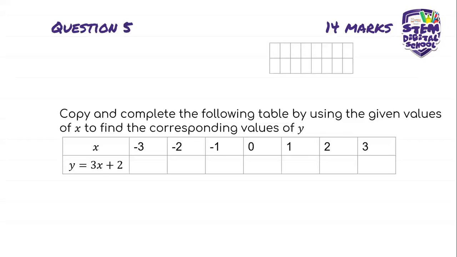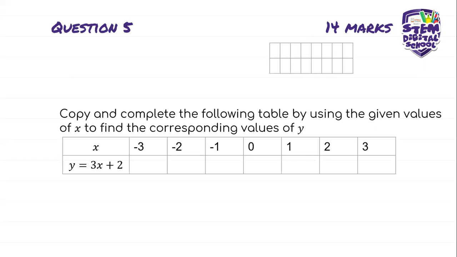And then when x is 0, obviously y will be equal to 2, because you just add. So if x is 1, all that you need to do is to substitute.